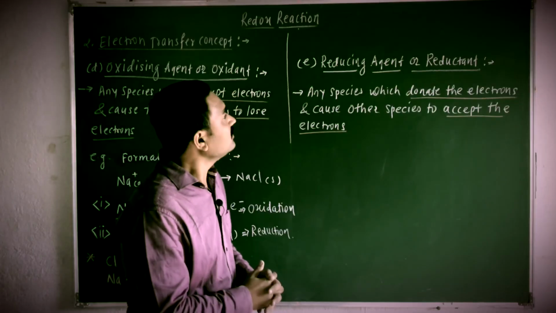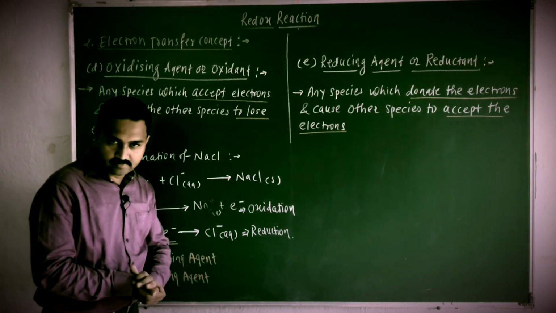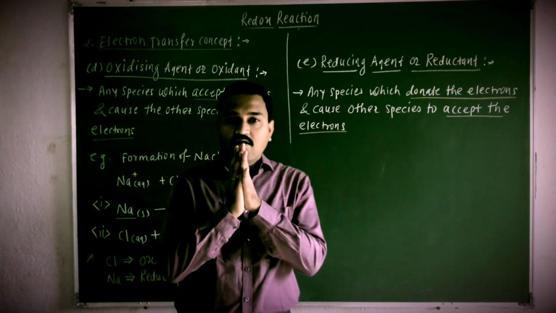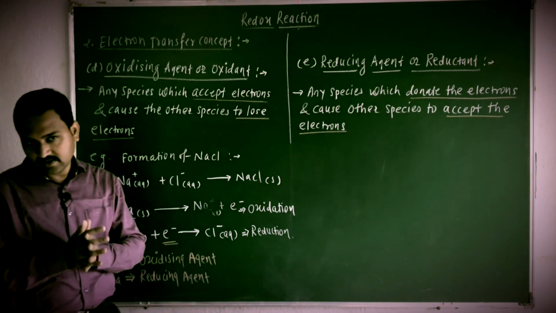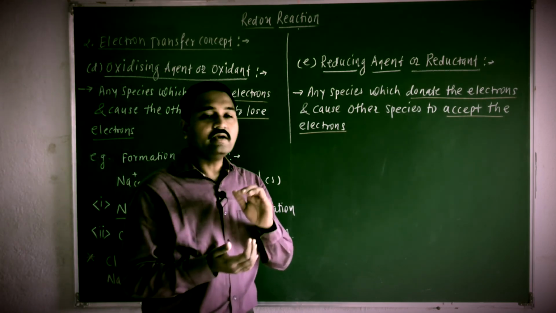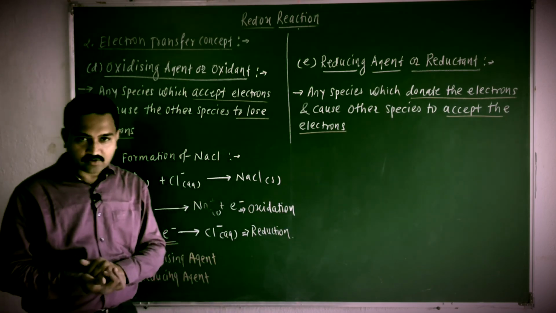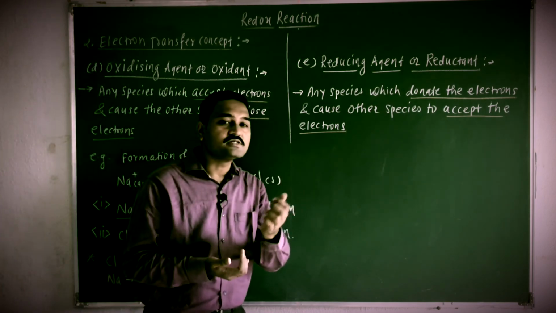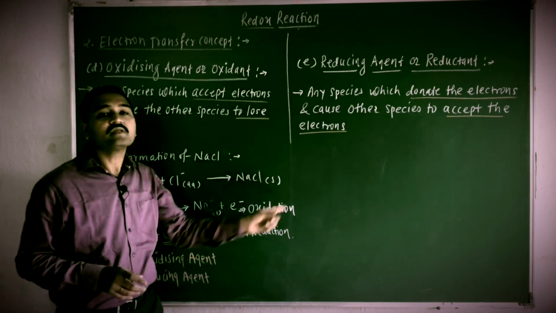Then we have defined the oxidizing agent and the reducing agent. We know that an oxidizing agent is any species which accepts the electron and causes the other species to lose its electron, while a reducing agent is any species which donates the electron and causes the other species to accept the electron. So this is the overview of this particular concept.